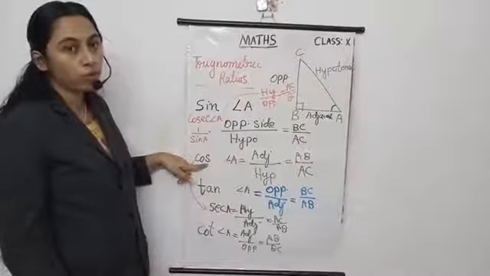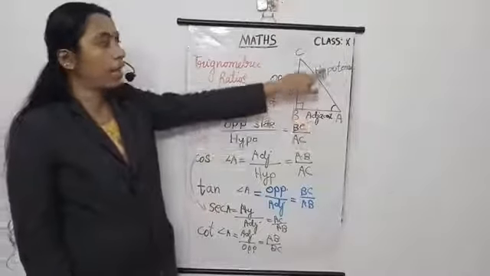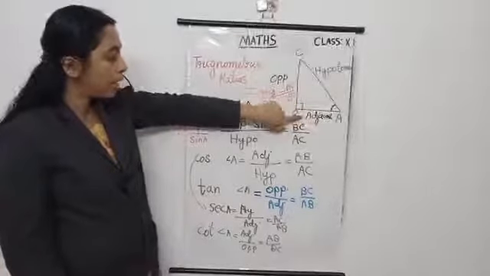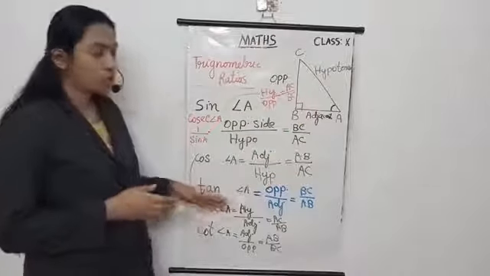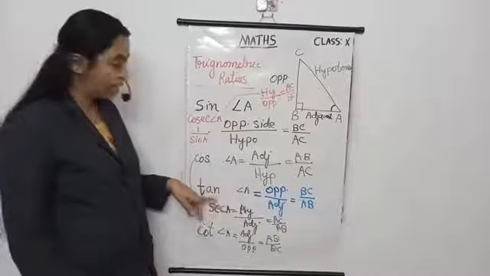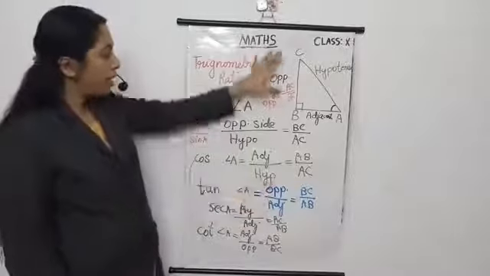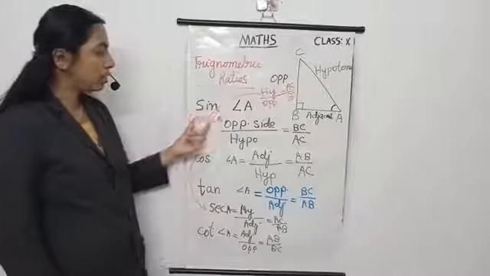Its short form is cos, and cos angle A equals adjacent side by hypotenuse, that is AB by AC. Next is tangent. Its short form is tan. Tan means opposite by adjacent, here BC by AB.